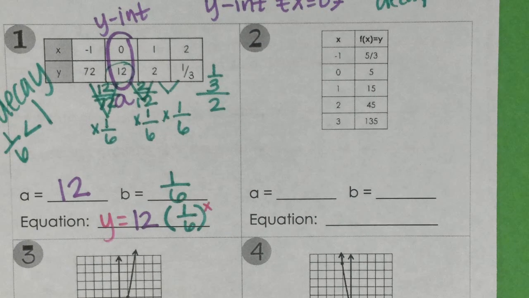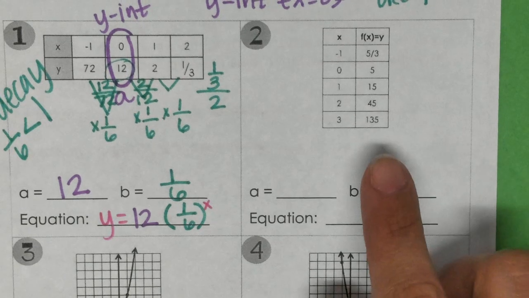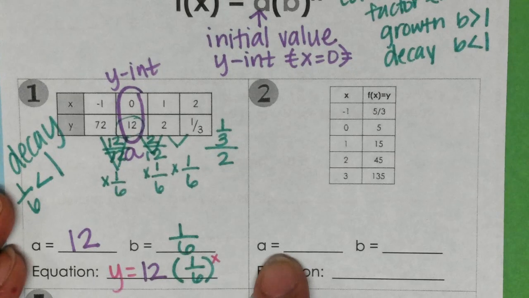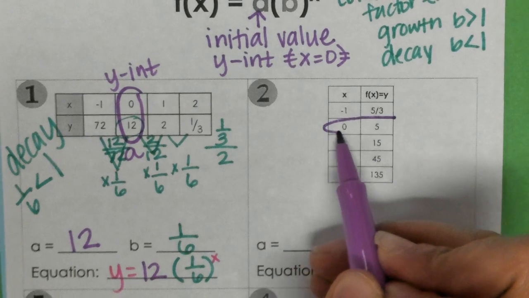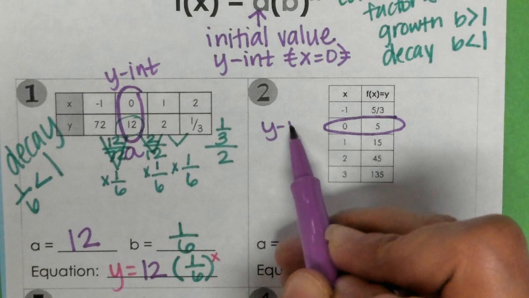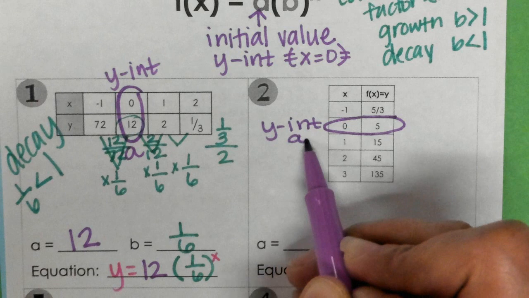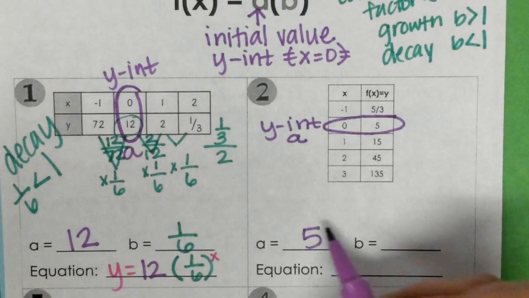Let's do another one. Same thing. We're going to begin with my a value, which is my y-intercept, where x is equal to 0. X is equal to 0 right here, there's my y-intercept. In other words, there's my a. So my a is 5.